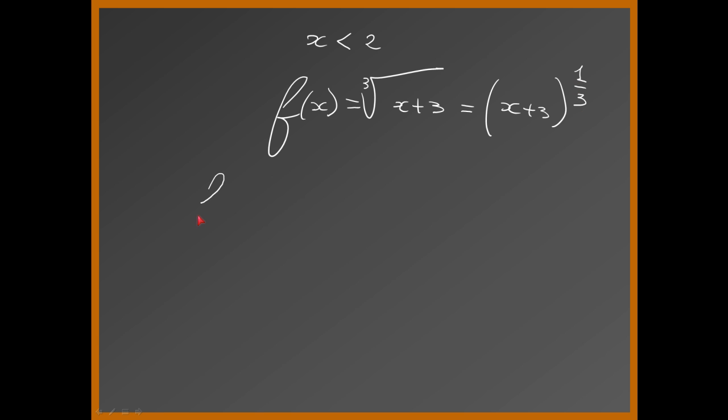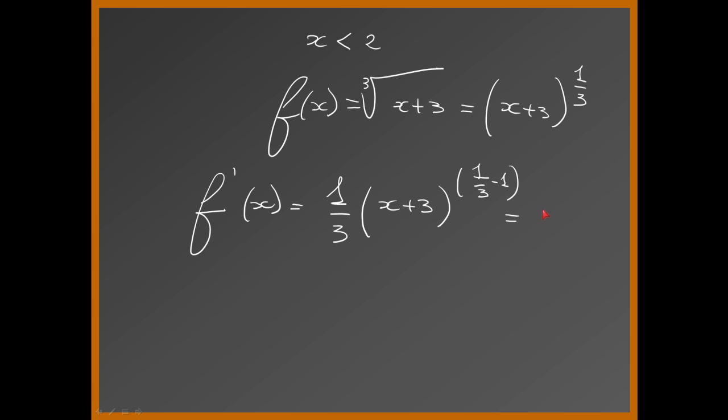This means that f prime of x, the first derivative, will be equal to 1/3 that multiplies x plus 3 to 1/3 minus 1.